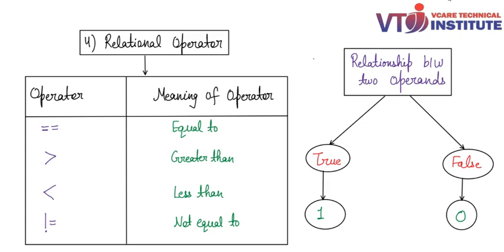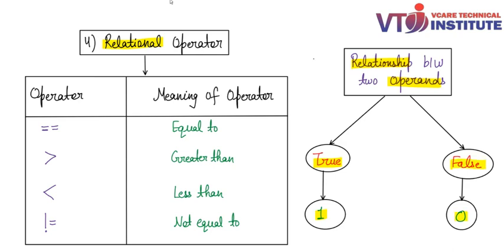Now move on to the fourth type of operator, that is relational operators. Basically it tells the relationship between two operands. If the relationship between two operands is true, it gives 1, and if the relationship is false, it is 0.